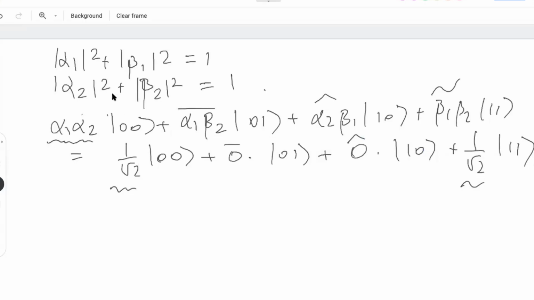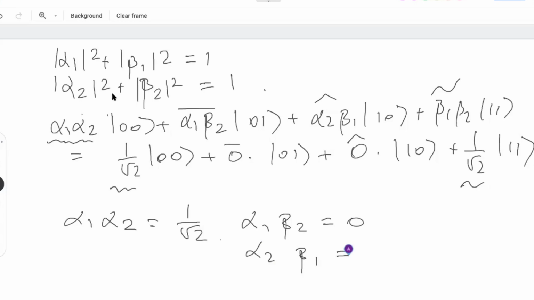So now if you write the equations out, you get this. We have alpha 1, beta 2 equal to 0. We have alpha 2, beta 1 equal to 0. And we have alpha 2, beta 2 equal to 1 over square root of 2.